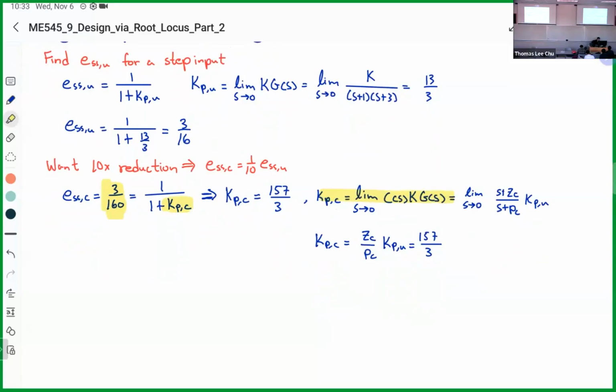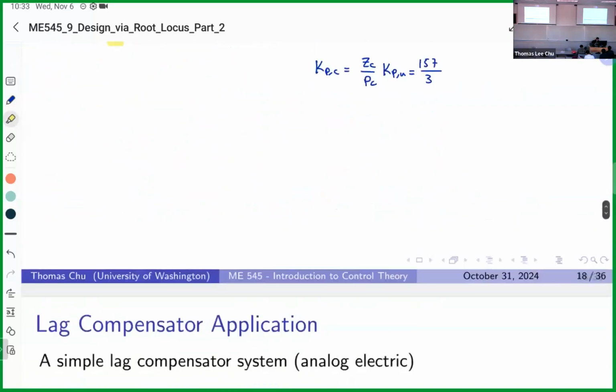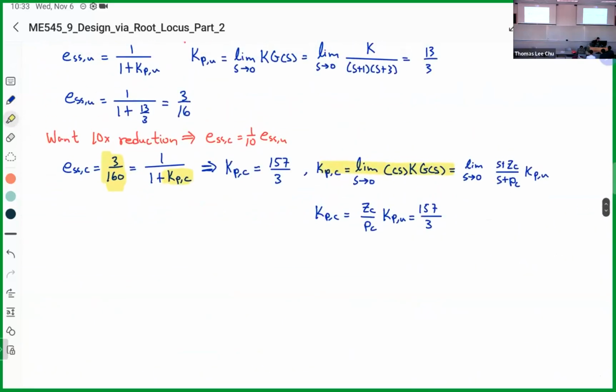Next, we want to find the compensated pole and zero, PC and ZC. We choose a pole close to the origin, which we can do arbitrarily.